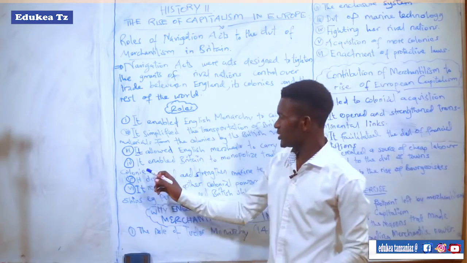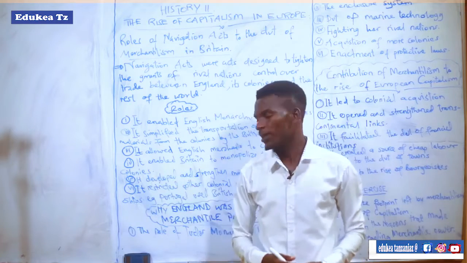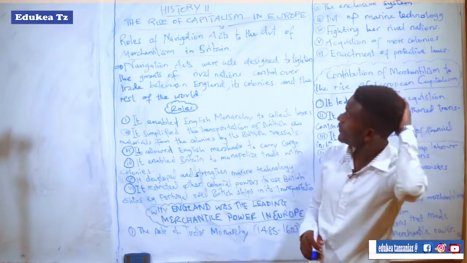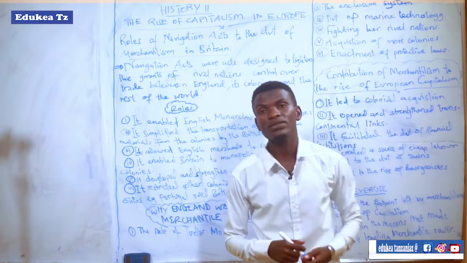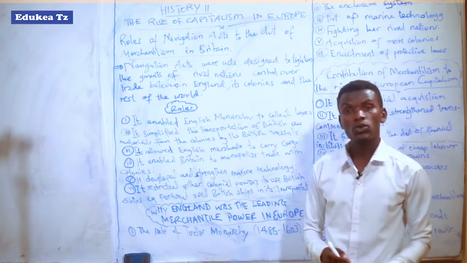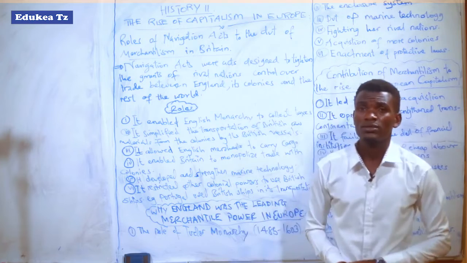The fourth one enabled Britain to monopolize trade with its colonies. During that era, the Navigation Acts prohibited rival nations from conducting trade with English colonies.